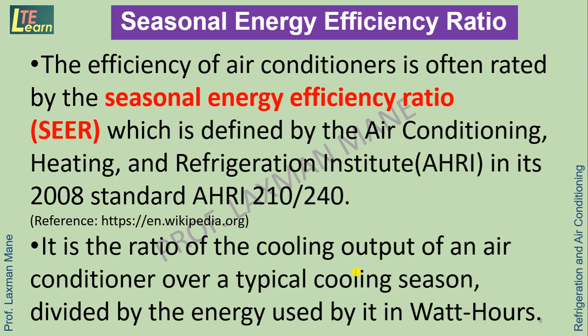It is the ratio of the cooling output of an air conditioner over a typical cooling season divided by the energy used by it in watt hours. So SEER is calculated based on season.